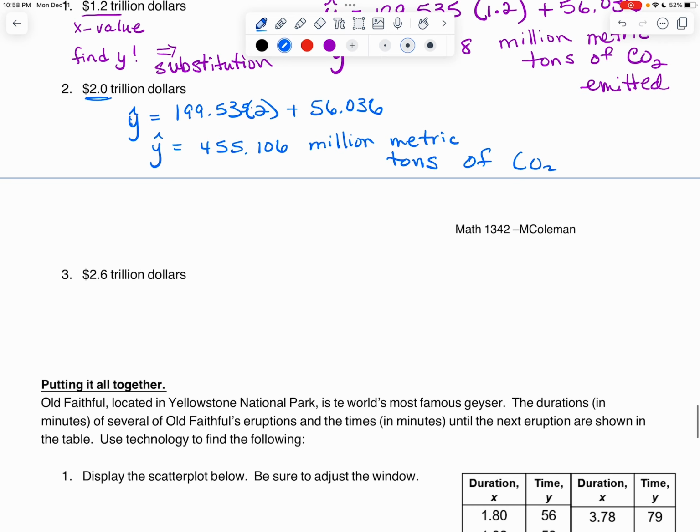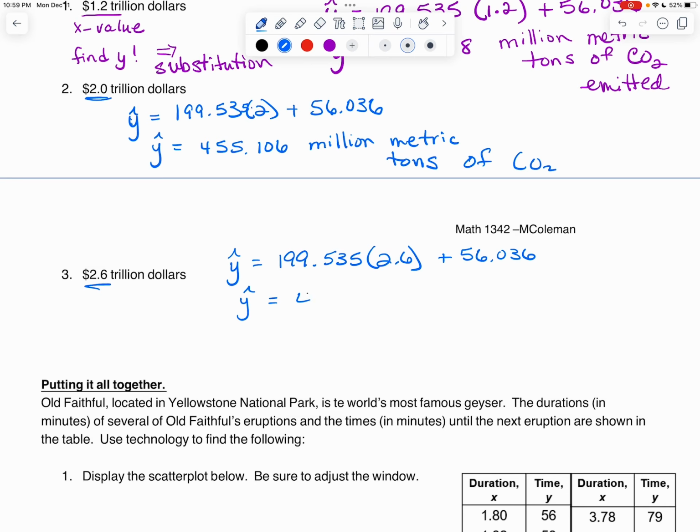What if the GDP were 2.6 trillion? Then we would have y hat equals 199.535 times 2.6 plus 56.036.